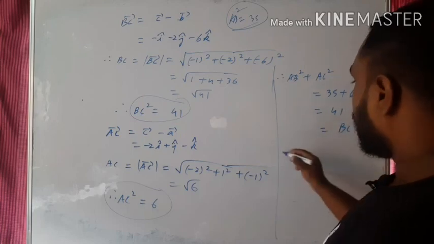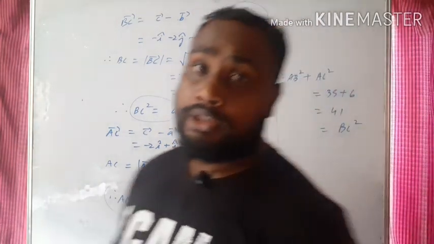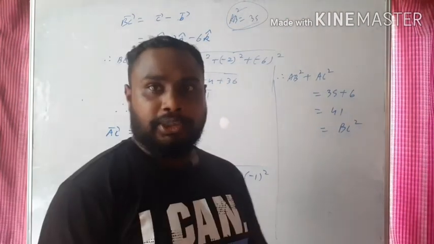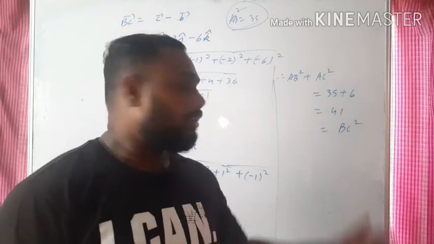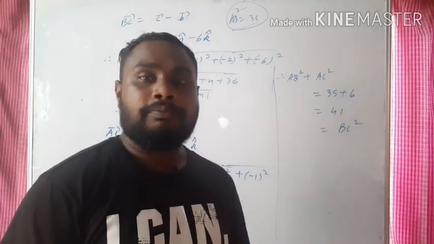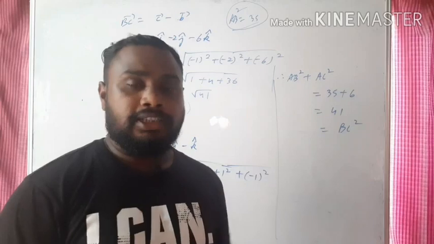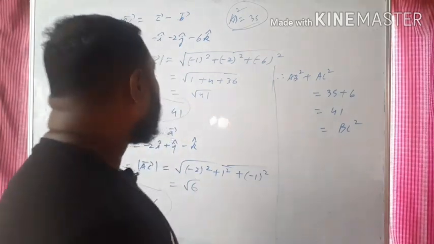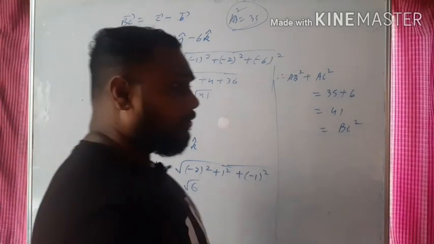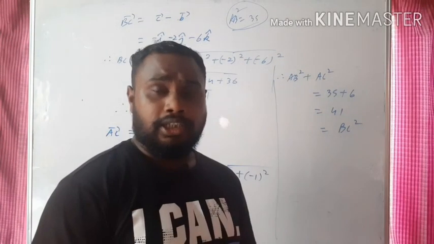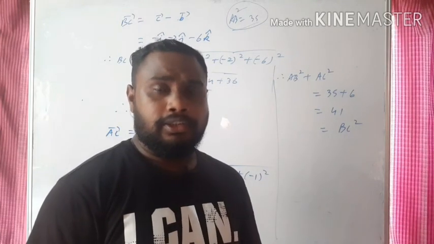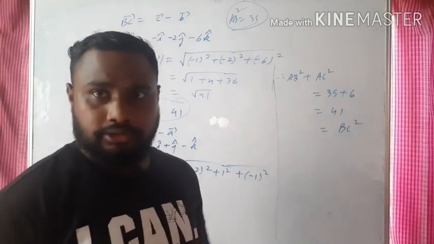So it is following the Pythagoras theorem. If in a triangle this is satisfied, then we can say that the vertices are the vertices of a right angle triangle. So we can tell that the given position vectors of the points A, B, C are the vertices of a right angle triangle. So it will be proved like that.